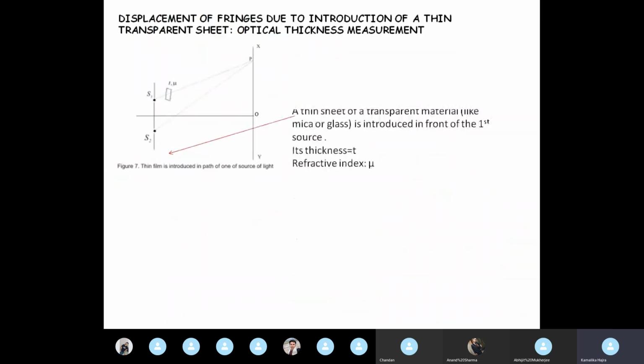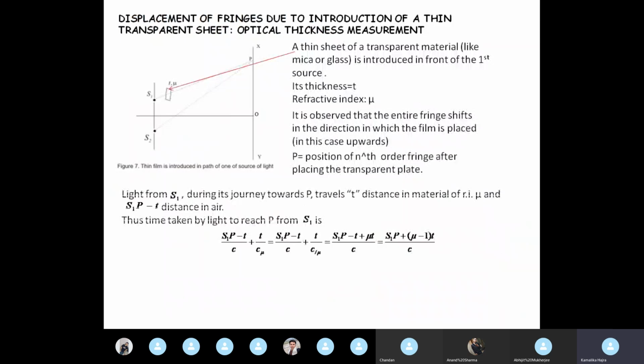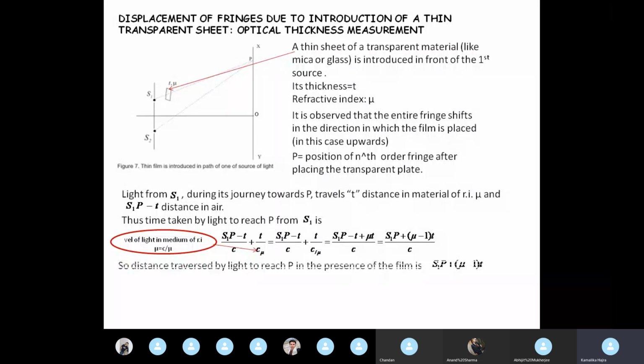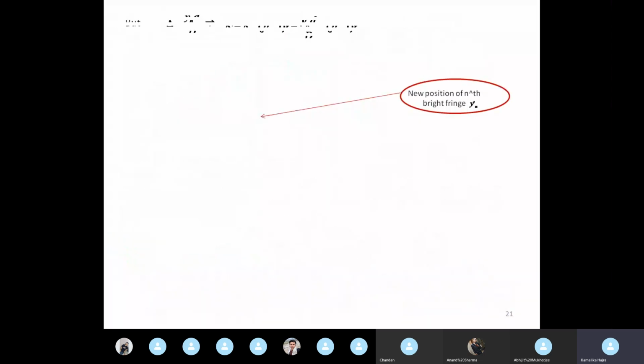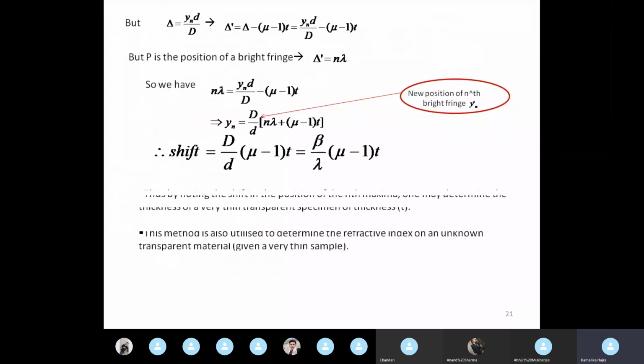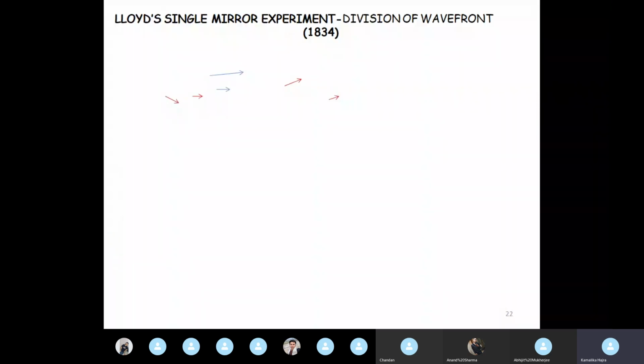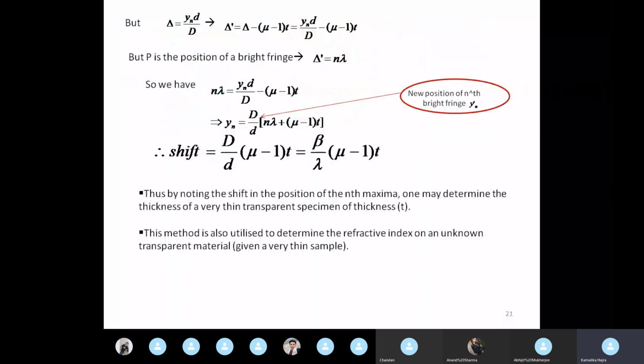Then we discussed the displacement of fringes. If you place a transparent material in front of one of the sources, the fringes get displaced, and we calculated this displacement. And we also studied the fact that this is a method of optically measuring the thickness of very thin transparent materials, which cannot be done mechanically using a screw gauge or a spherometer or a slide caliper, because that would break the sample.